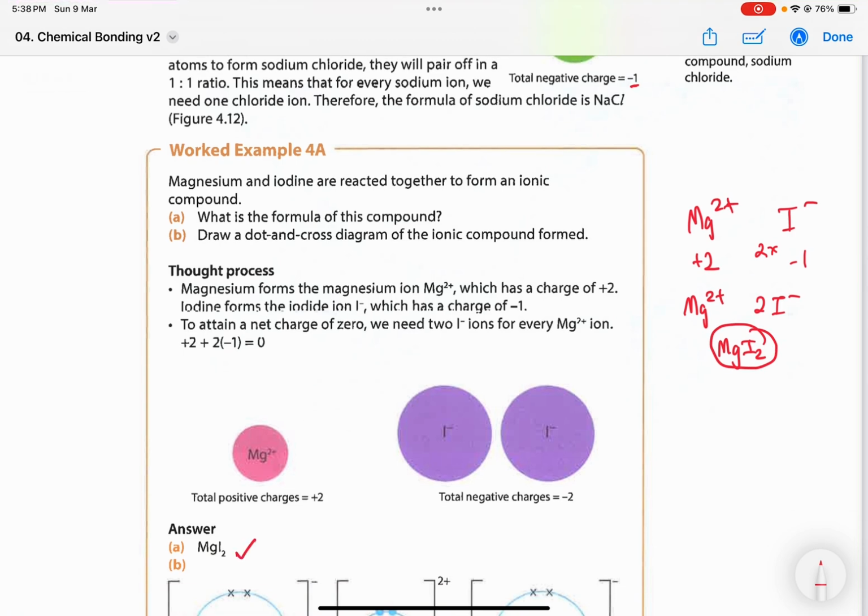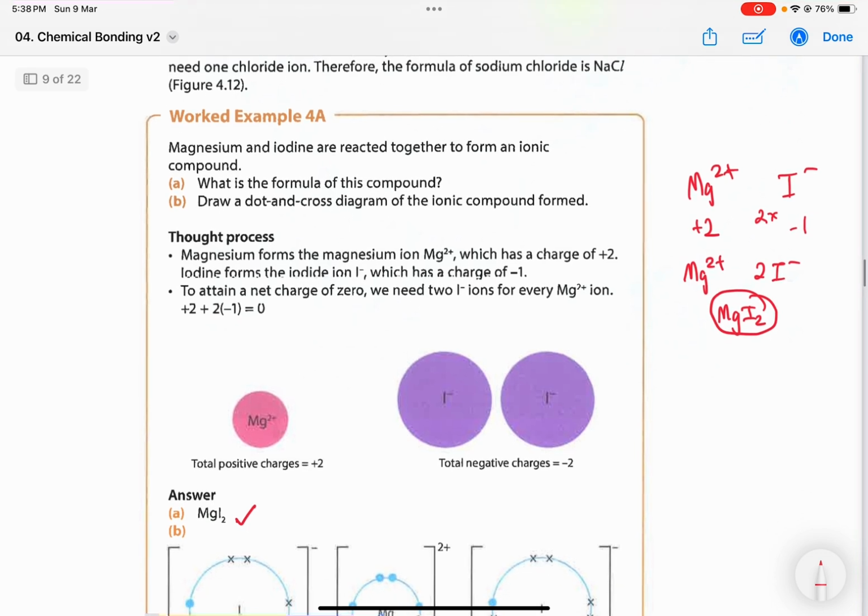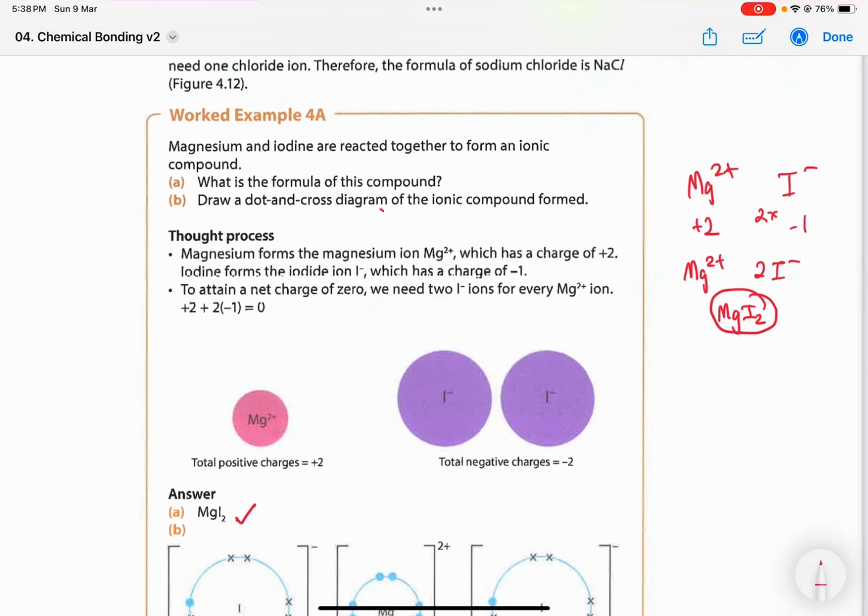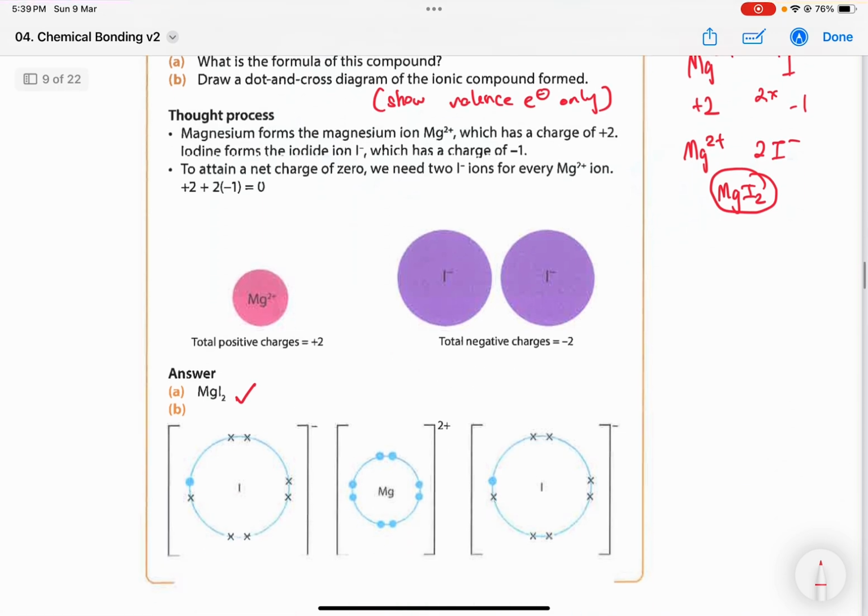Okay? How to draw the dot and cross? Typically, it should show valence electrons only. Right? Valence electrons only. Therefore, magnesium in the middle, Mg2+. Iodide, because it's minus, must have gained one electron from somewhere else, which is the magnesium. Therefore, it's like this.